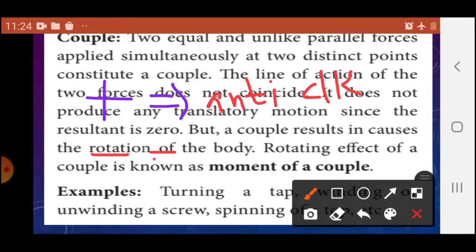Negative if it rotates clockwise. So clockwise is negative, anticlockwise means we have to take positive. That is the direction by convention for the moment of force or couple.